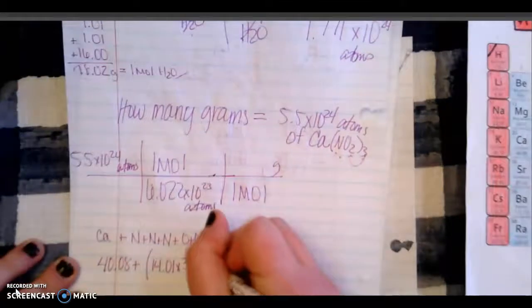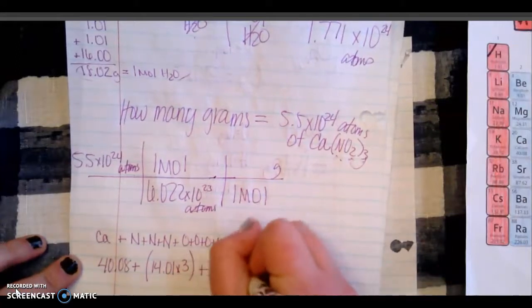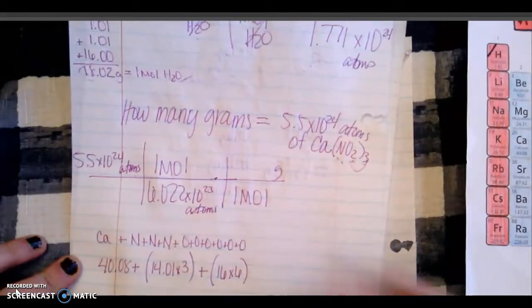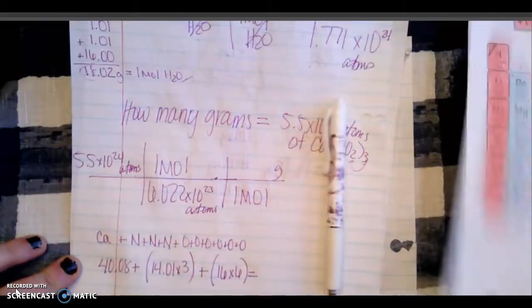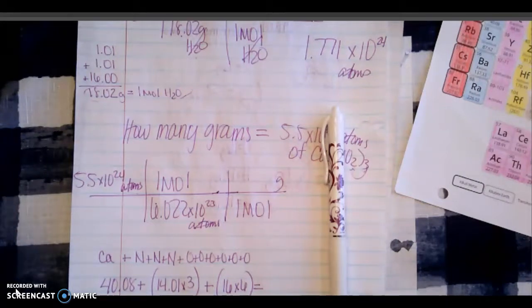Okay, and then I need to add my oxygen, which is 16, and I got 6 of those. Okay, I'm going to do that in my calculator real quick. That's 48. And that gives me 178.11.